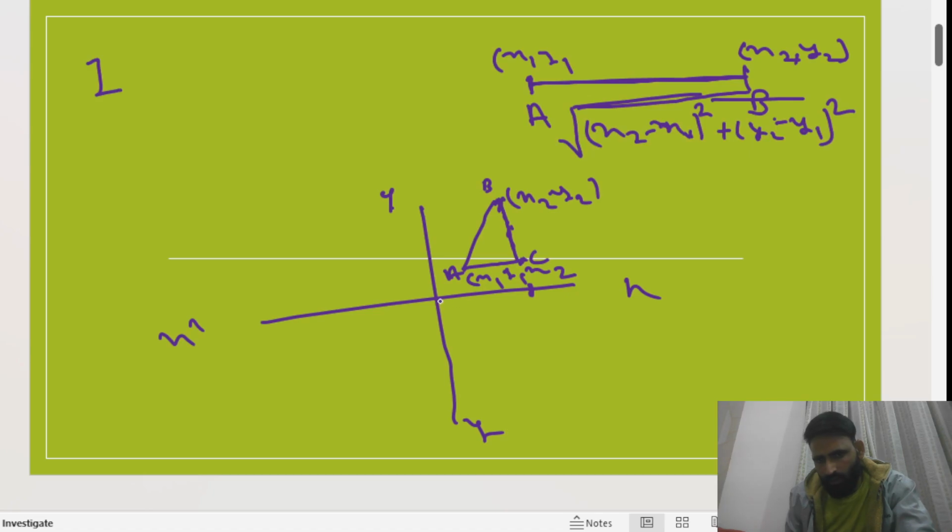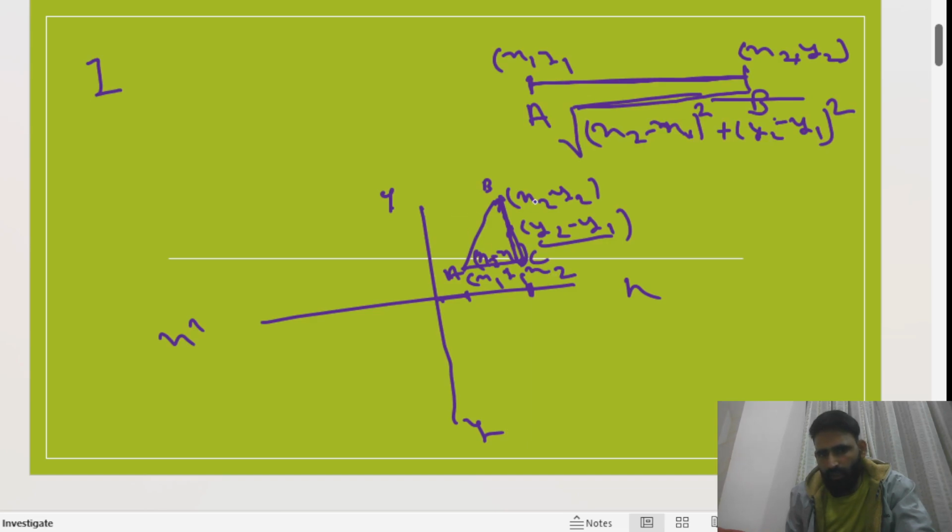From the origin to A, the x distance is x1, and from the origin to C, the distance is x2. So we can say this distance is x2 minus x1, and likewise this distance is y2 minus y1. So the B and C distance is y2 minus y1 and A and C is x2 minus x1.